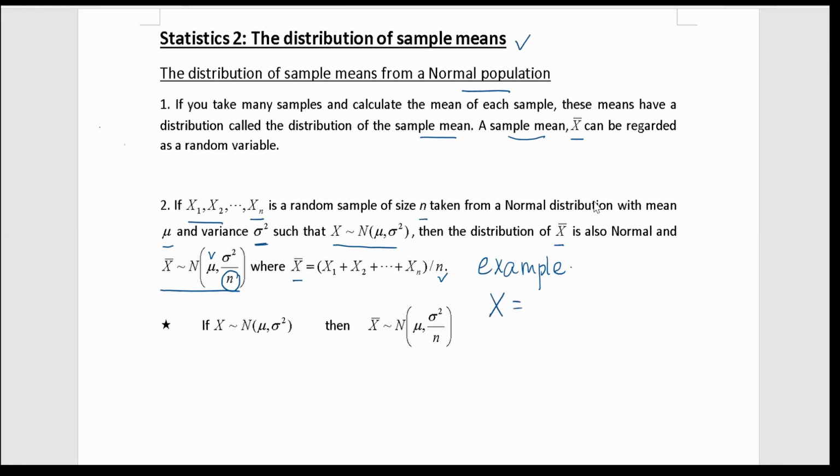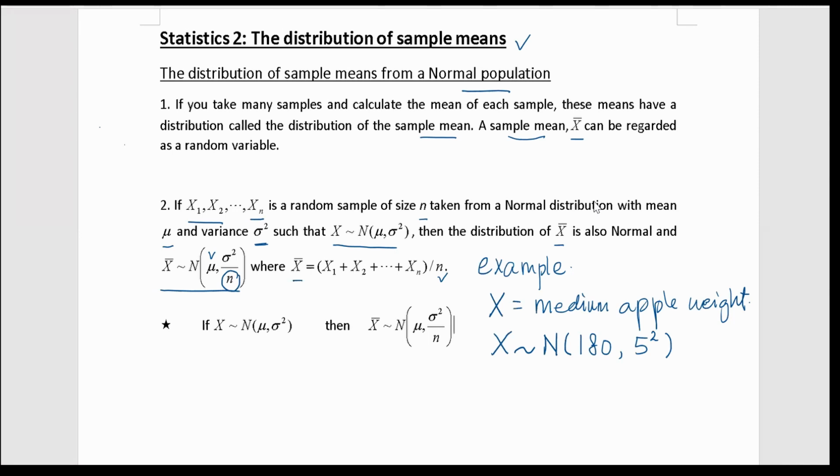So X is the medium apple weight, and X follows a normal distribution. That means if you weigh a medium-sized apple, it has 180 grams as the mean, and the standard deviation is 5, so 5 squared as the variance.